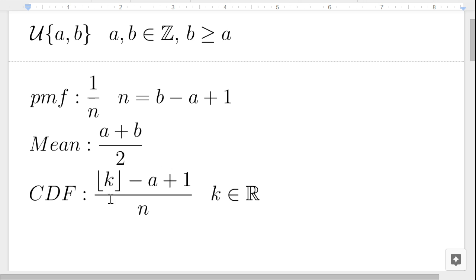And so this floor function right here gives you a step function, and it sort of just connects the dots for you. It makes the discrete continuous, this floor function here.